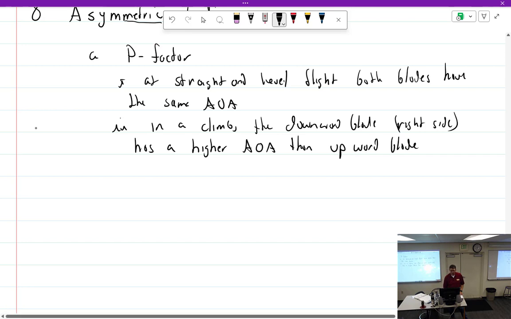So what does that do? This creates asymmetrical thrust. Spelled right. ASYM.